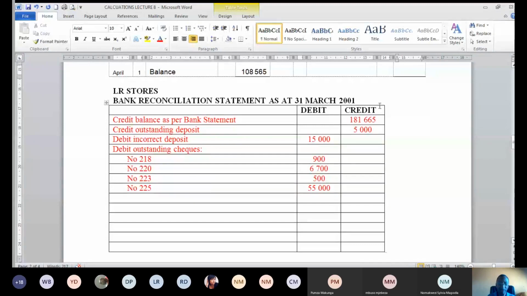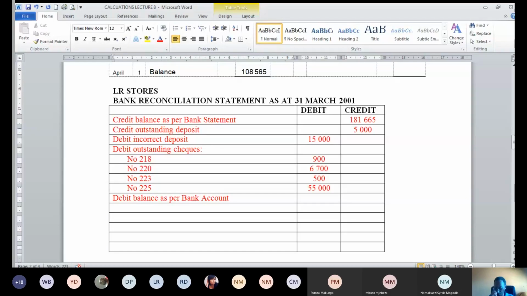In your last step in your process of bank reconciliations, guys, you take the balance in the bank account and we transfer that now to your reconciliation statement. And you will say now that there is a debit balance as per bank account.